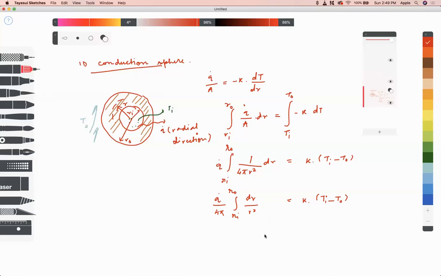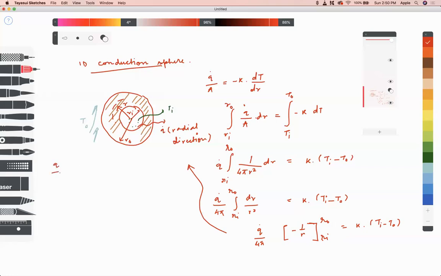It will be minus 1 by r. This is essentially r to the power minus 2, so this will be r to the power minus 2 plus 1 divided by minus 2 plus 1. So this will be minus 1 by r, from ri to r0, equal to k into Ti minus T0.